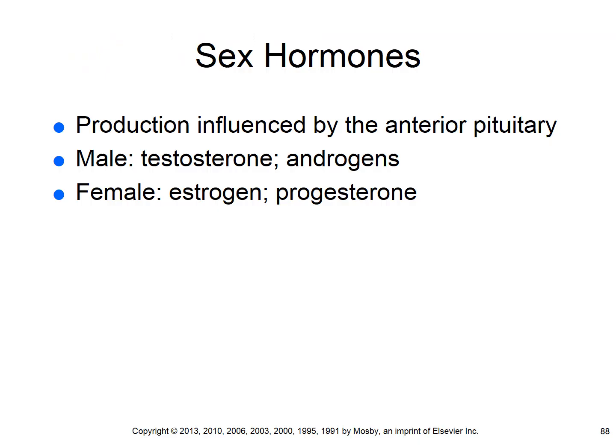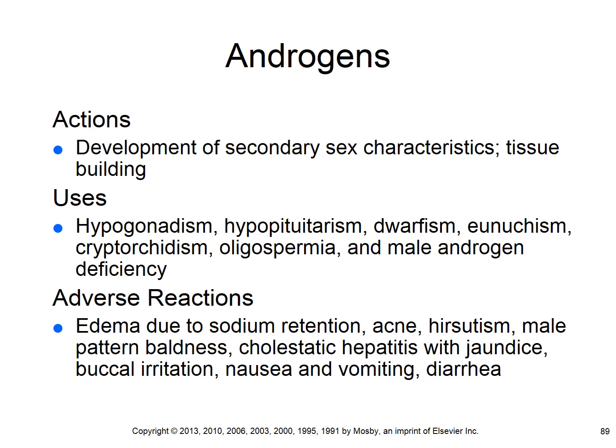Next slide. So sex hormones, right? Production is influenced by the anterior pituitary. Male is testosterone and androgens, female is estrogen and progesterone. Next slide. Androgens develop secondary characteristics and are really important in tissue building.